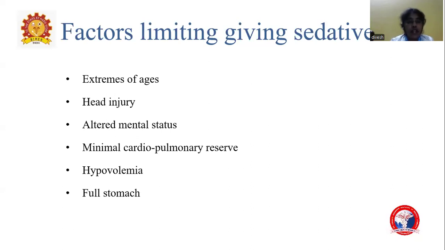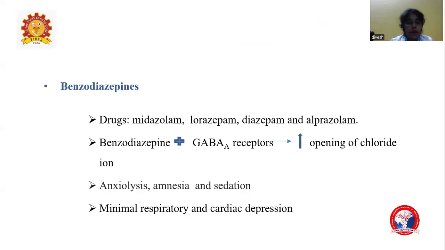In all these cases, the dose of the sedative drugs is reduced, or we will be avoiding giving the sedative drugs to all these patients.